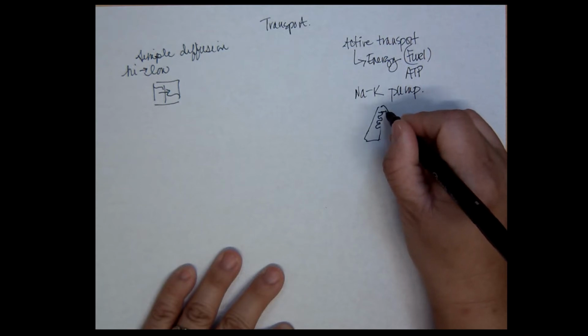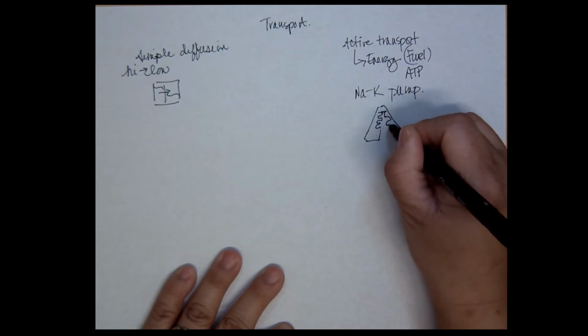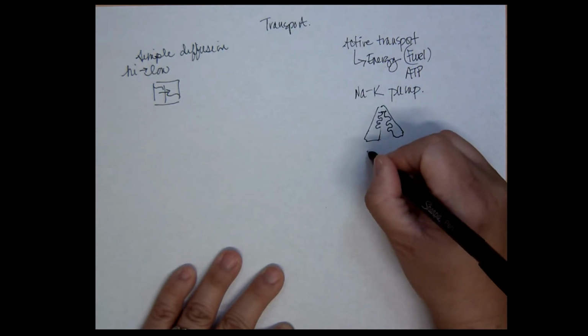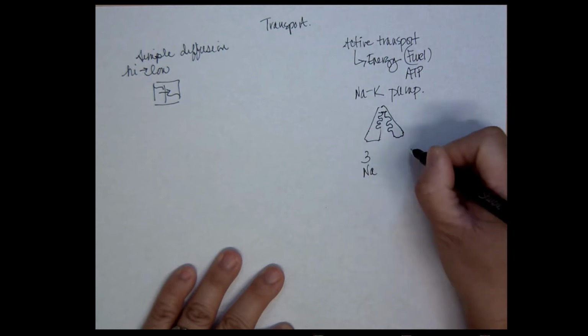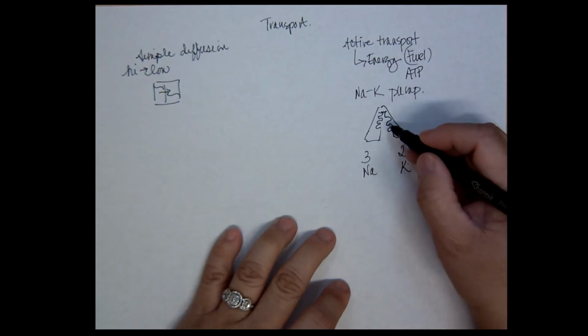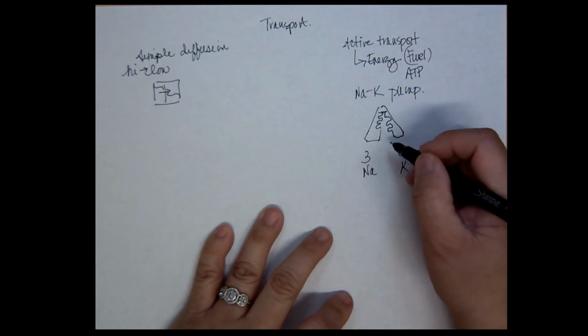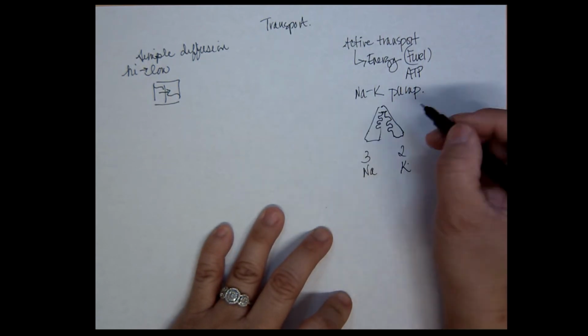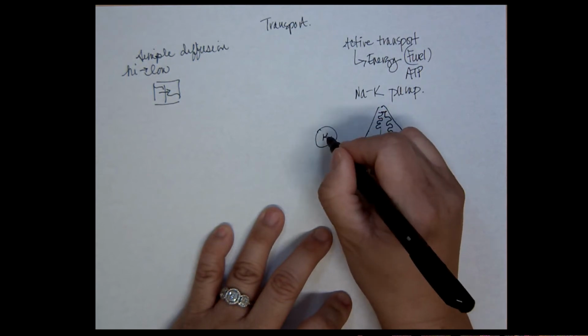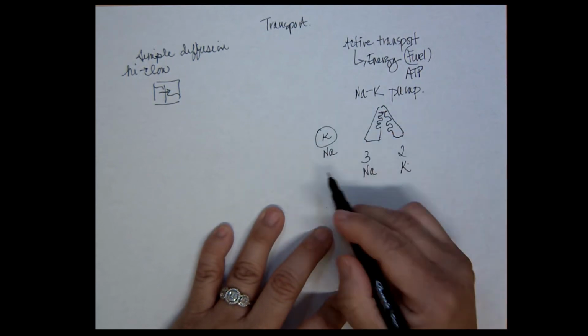Here, you've got 3 sodium to 2 potassium. You don't need to know that. You just have to understand that usually, inside the cell, potassium is usually inside the cell, and sodium is usually outside of the cell.